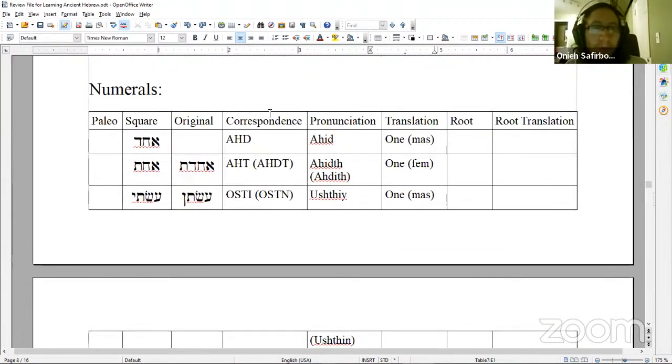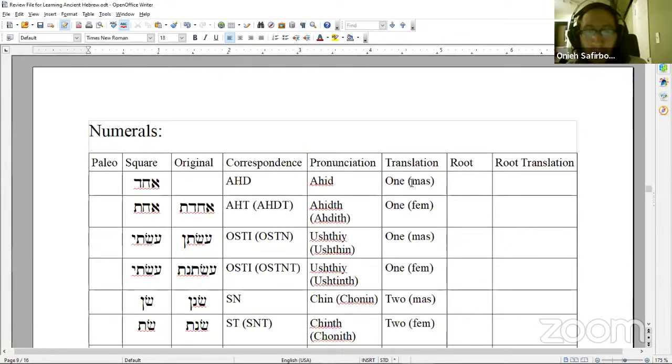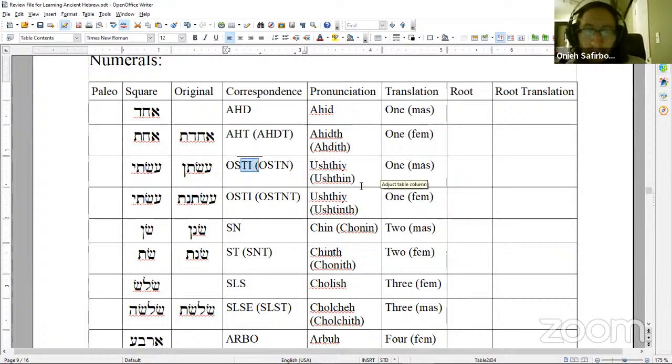So numerals, we have ahid, which is 1, and that's the masculine form. Ahit or adith is the feminine version of 1. And then the original form of 1 was ashtin for masculine and ashtinth for the feminine.